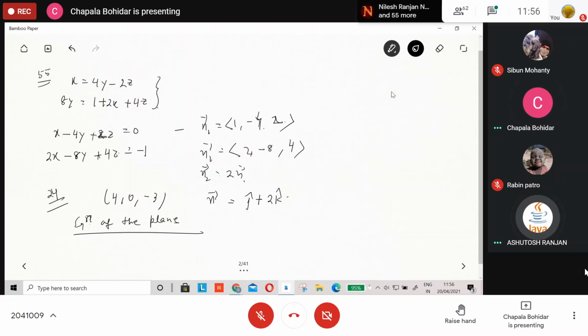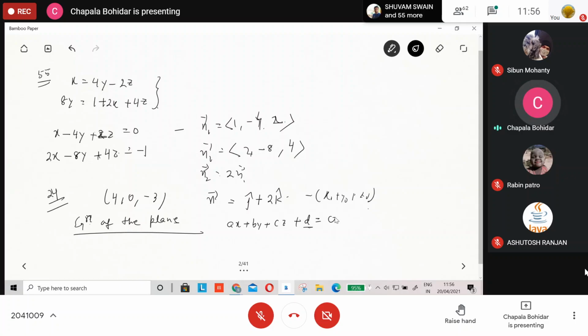y plus 2z is minus 6. The equation of the plane is ax plus by plus cz plus d equal to 0. What is d? That is minus of a x0 plus b y0 plus c z0.